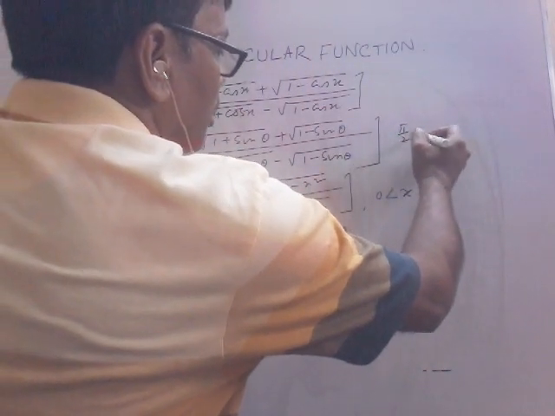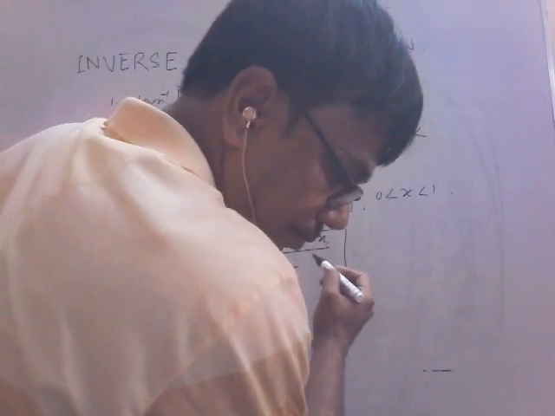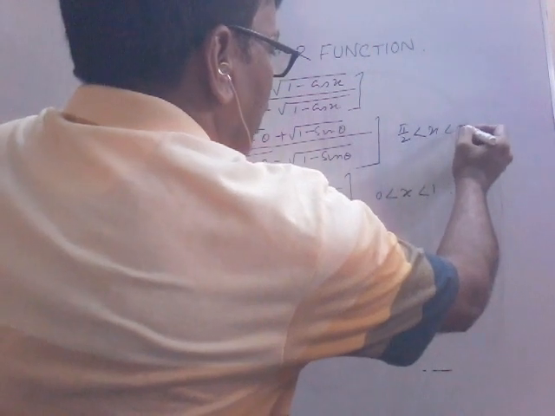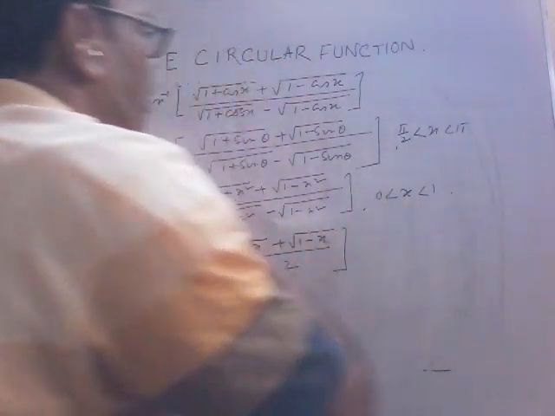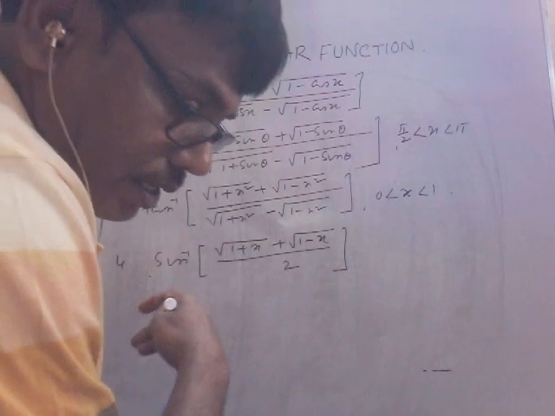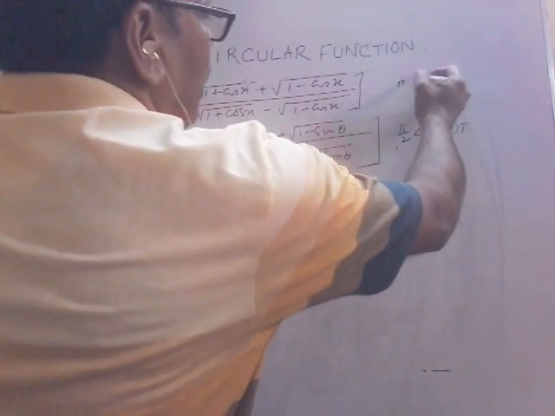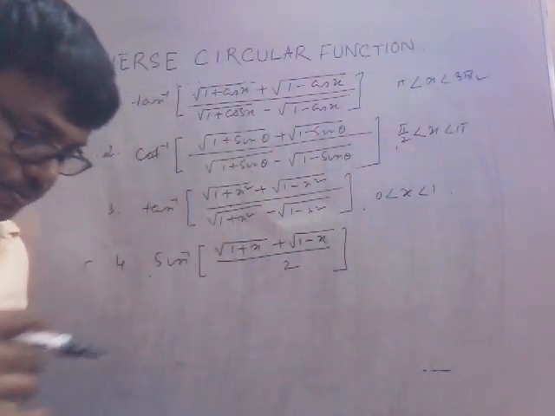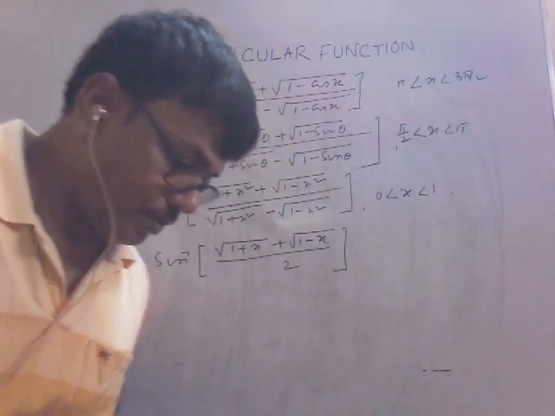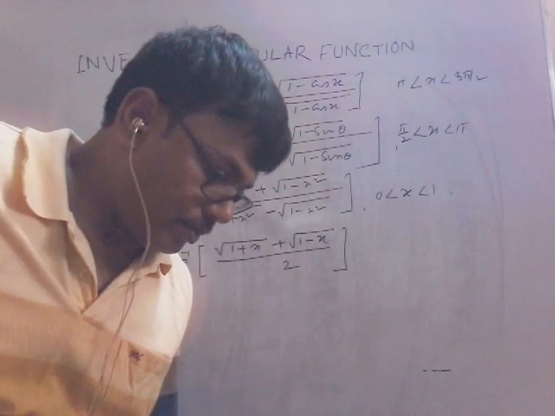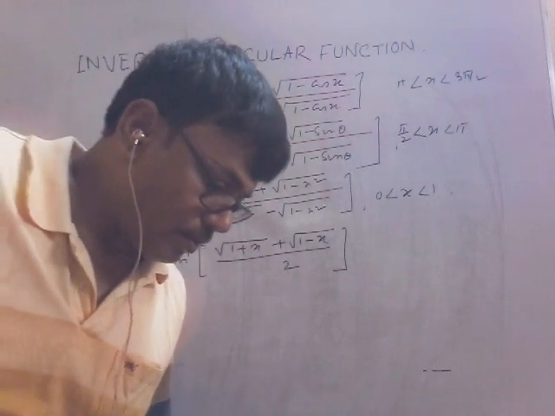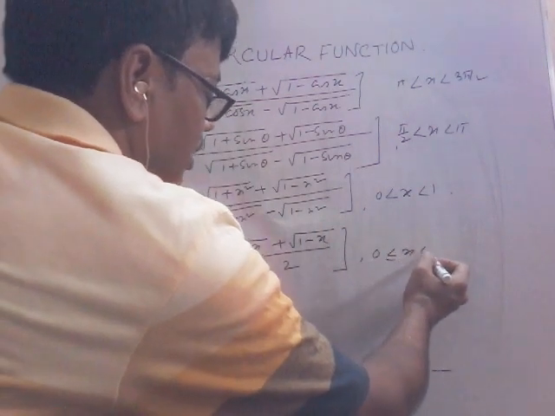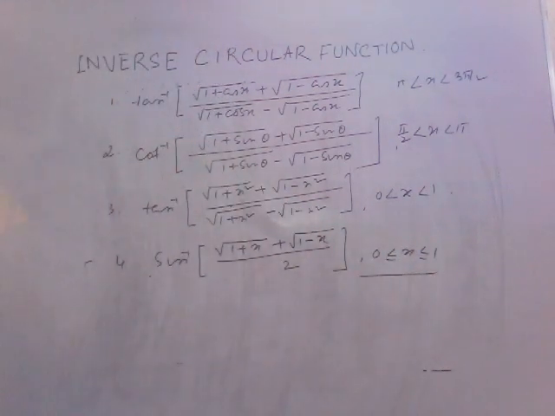Pi by 2 less than x less than pi. Pi less than x less than 3 pi by 2. 0 less than or equal to x less than or equal to 1.